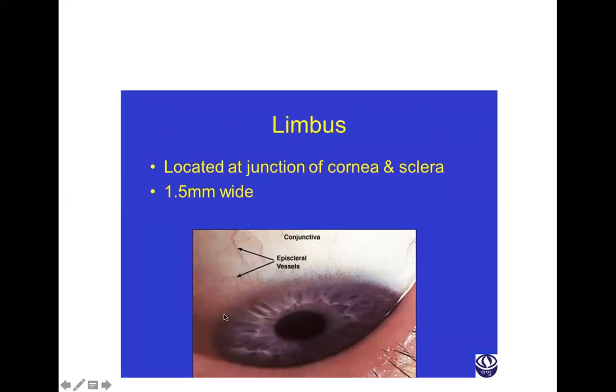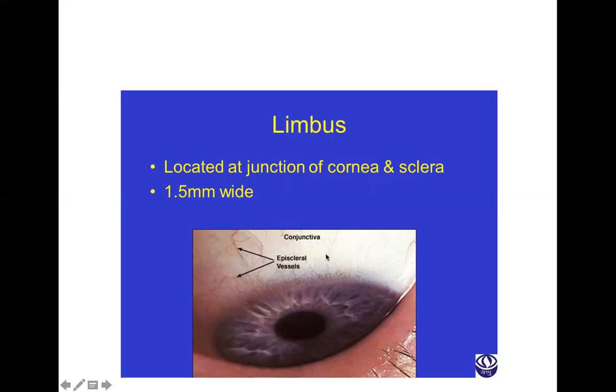Okay, so again, the sclera is the white of the eye. The cornea, and in between them, the transitional area, is the limbus. Now, clinically, we do examine the sclera of the eyes because in patients with jaundice, there is yellowish discoloration of the skin.